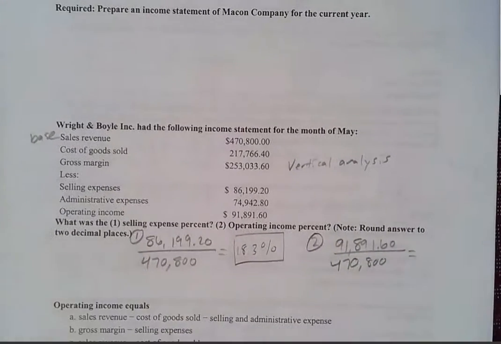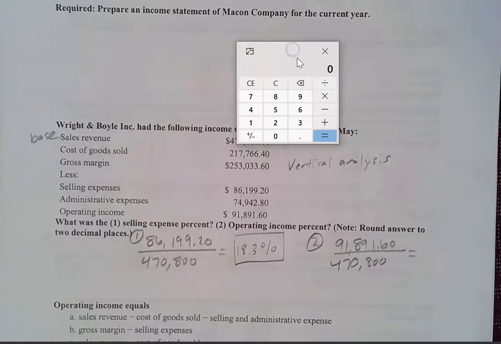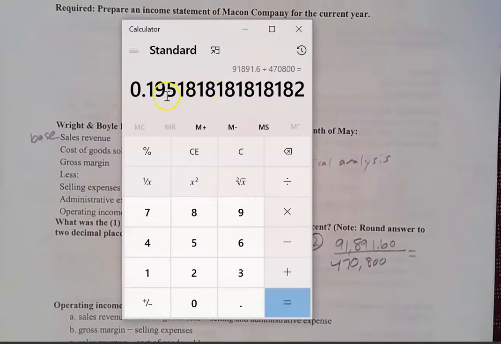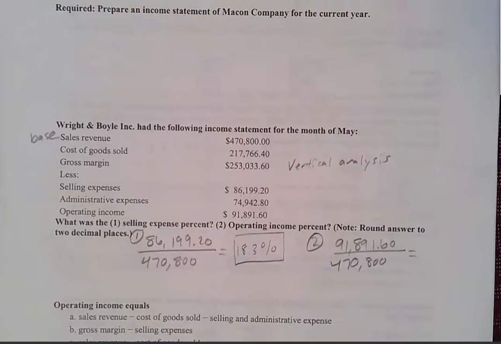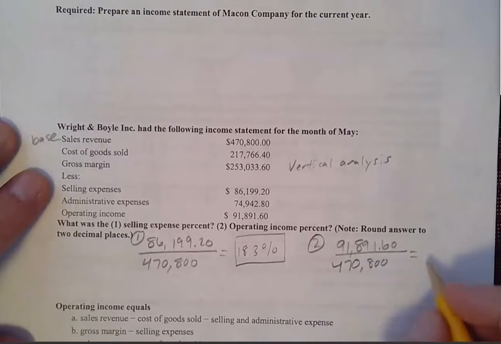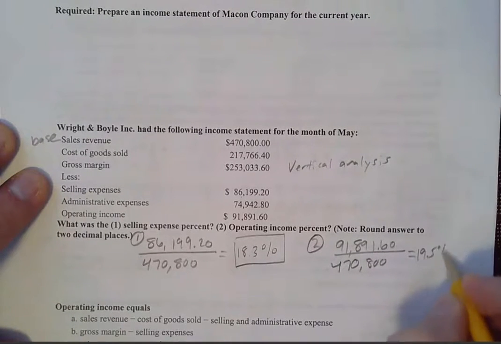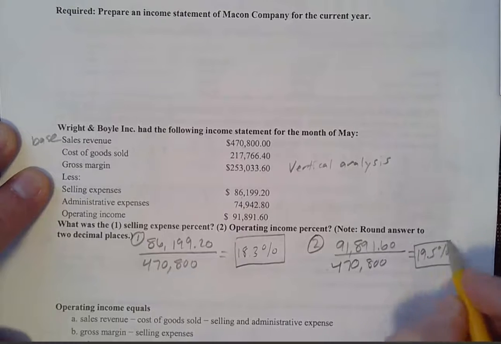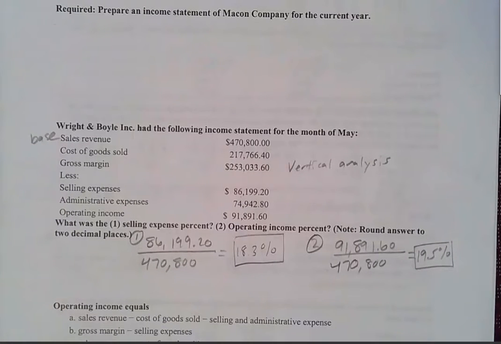And then we have this other answer here, which is going to be a little bit larger number, 91,891.60 divided again by the same sales revenue, 19.5%. So not exactly rocket science. But you know, you could see this question pop up somewhere.